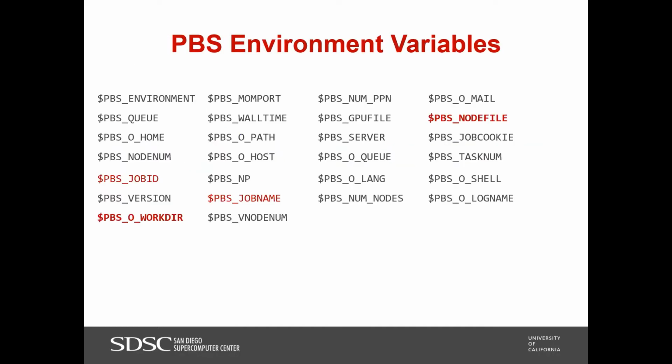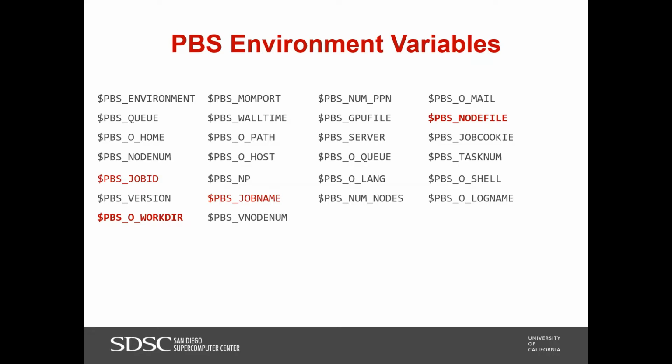And here are some very useful PBS environment variables. Once your job starts, some environment variables are available for you. I highlighted several, and one is PBS_O_WORKDIR. That environment variable is very useful when you want to go to the directory where your script is saved.